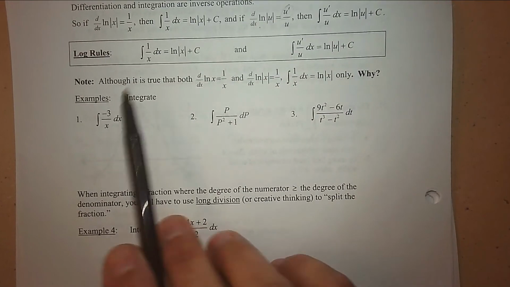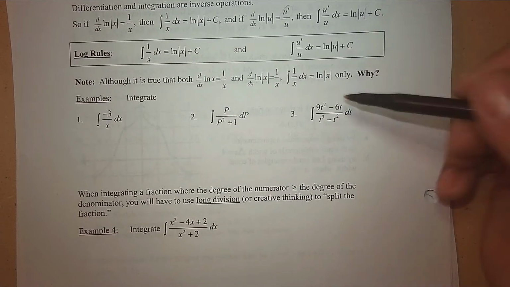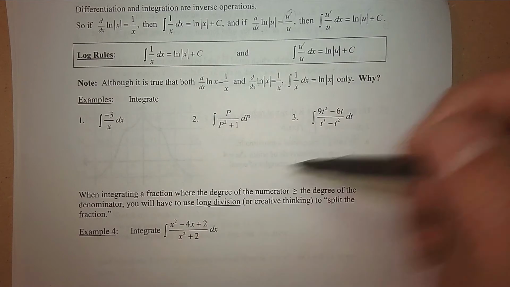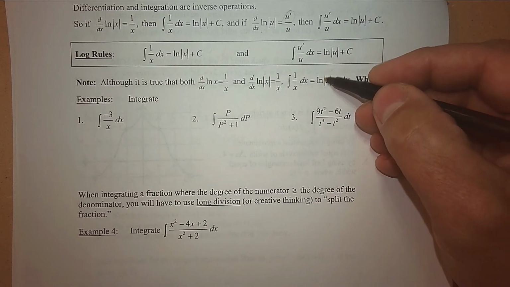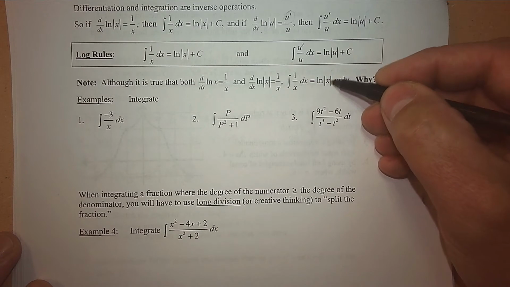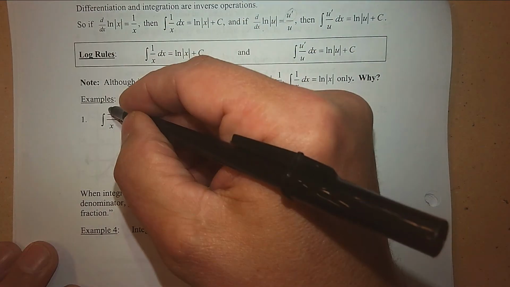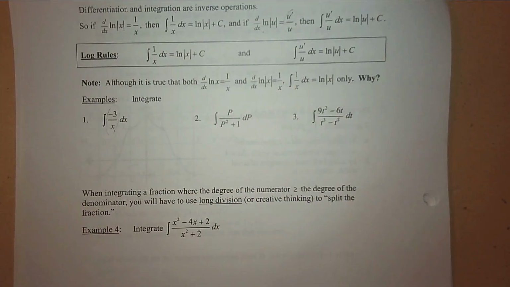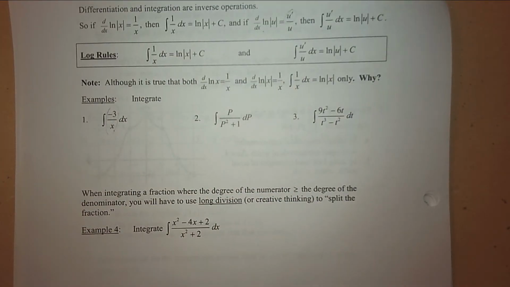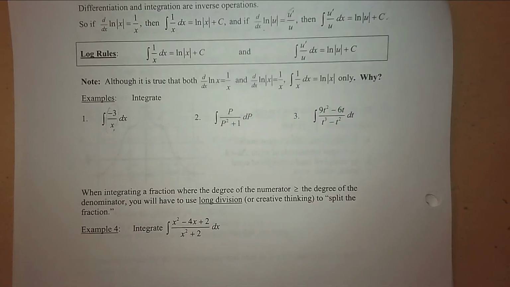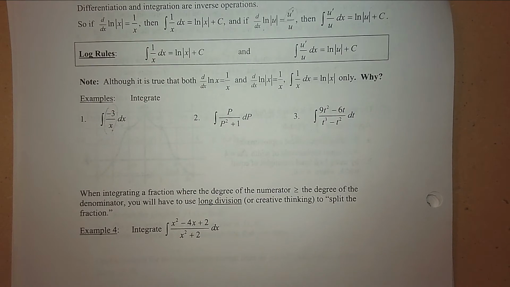Although it's true for both, why do we always use the absolute value? Every time we integrate with ln, what are we going to include inside? Bars. Why does it need the absolute value bars? Look at this function, negative 3 over x. When you integrate, it's going to be ln x, right? But why do I need the bars? The reason is this: what's the domain of negative 3 over x? All real numbers except 0, correct?